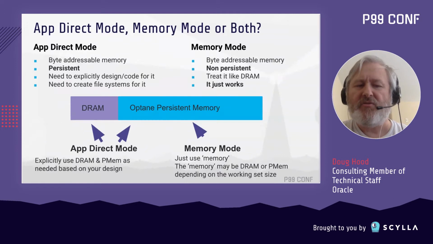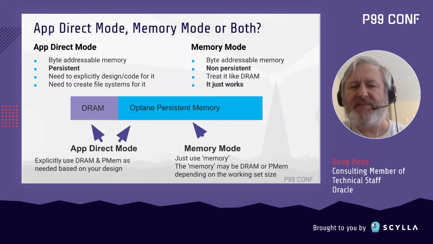So you can use DRAM for the fastest things, which are transient, and for the data structures that need to be persisted, you can write to the Optane Persistent Memory. So with app direct mode, you have complete control, but it requires you to make explicit design decisions and code changes.